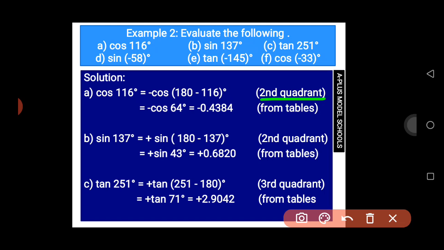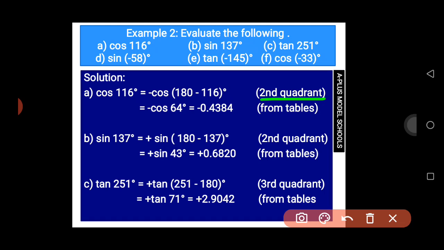Then example C, where we have tan 251 degrees. Tan 251 degrees falls in the third quadrant, that is angles between 181 and 270 degrees, where the formula is theta minus 180 degrees.